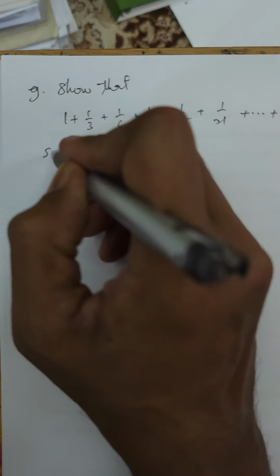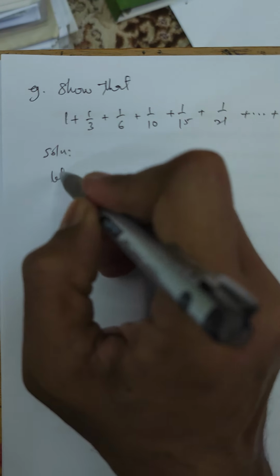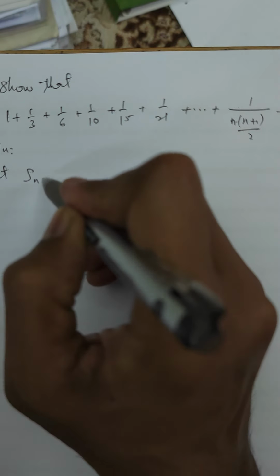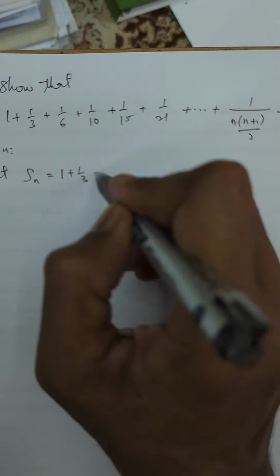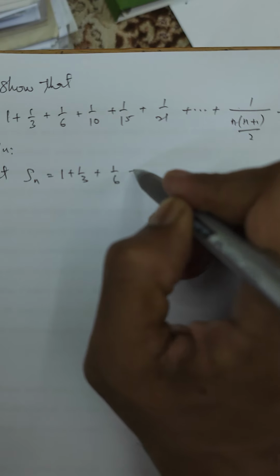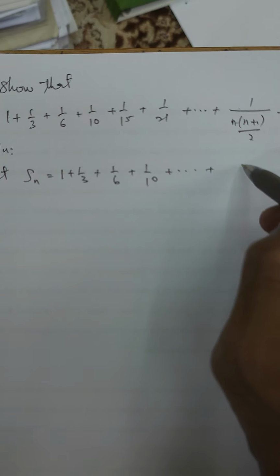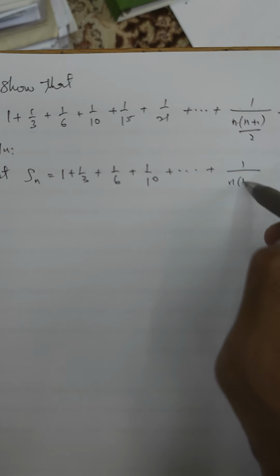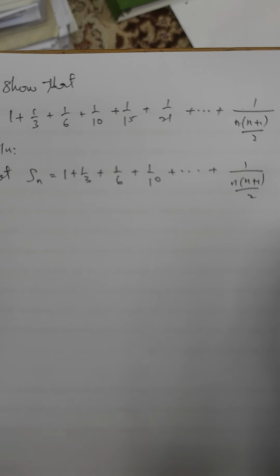Alright. So first we let the partial sum of n terms, Sn, be 1 plus 1 over 3 plus 1 over 6 plus 1 over 10 and so on, up to 1 over n(n+1)/2.